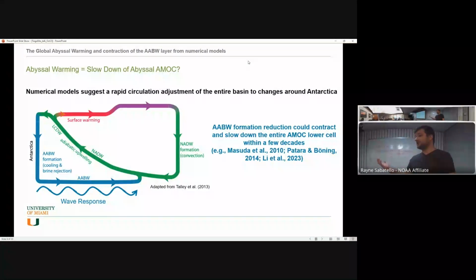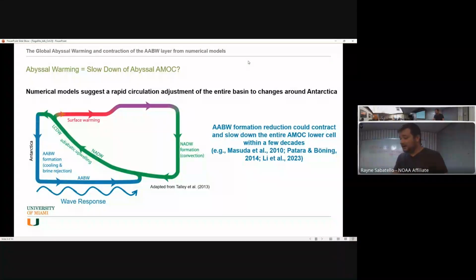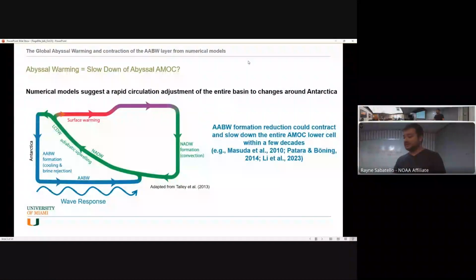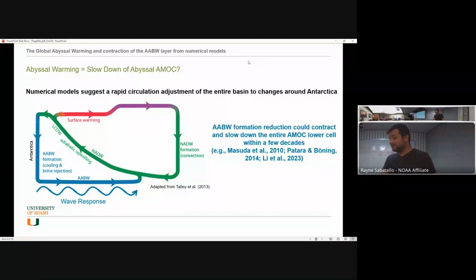That is much shorter than the time scales we expect for changes on advective time scales, which can take hundreds to 1,000 years to cross the entire basin. So this information can get there really quickly and force an adjustment of the flow, and force a weakening of the AMOC, or weakening of the Antarctic bottom northward flow, I would say.